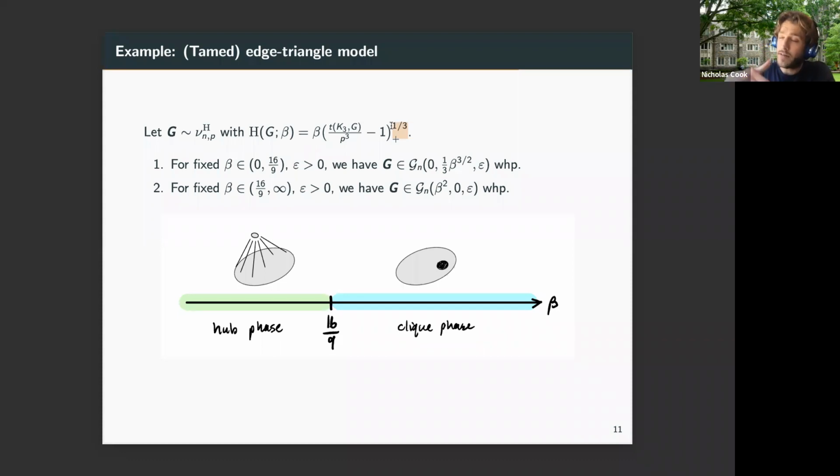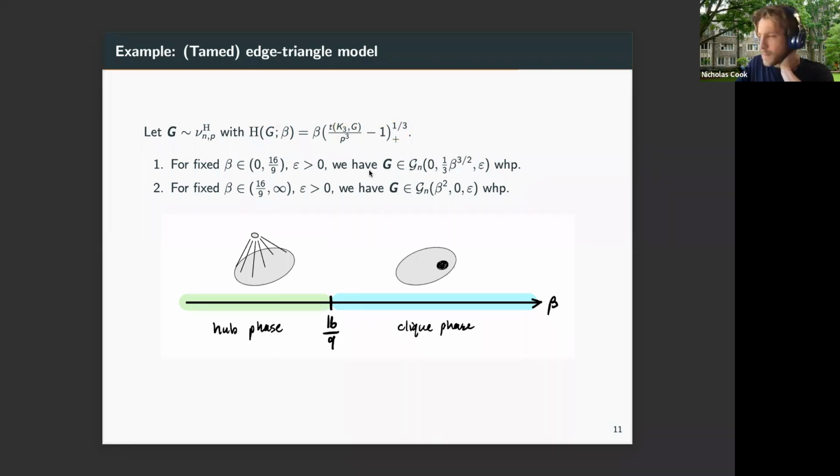The fractional power has to be at most the max degree over the number of edges, which for this is 2/3. So 1/3 is okay. So we have a Hamiltonian, which is just parameter beta times this normalized triangle density. We're looking at large deviations, so it'll be at least 1, and then we raise to a fractional power 1/3.